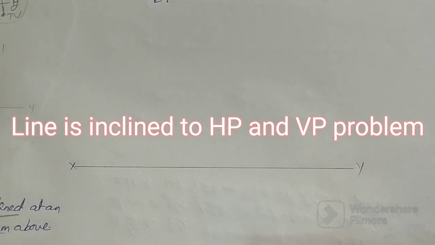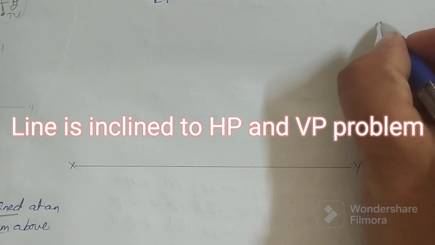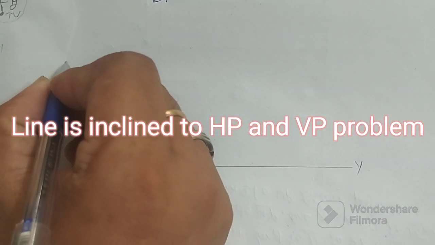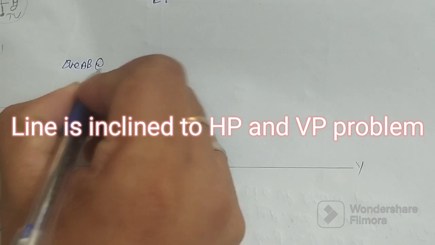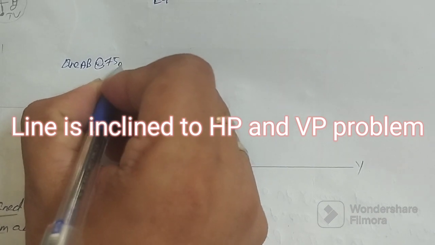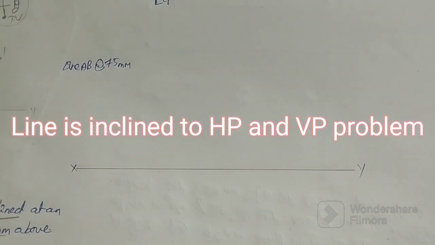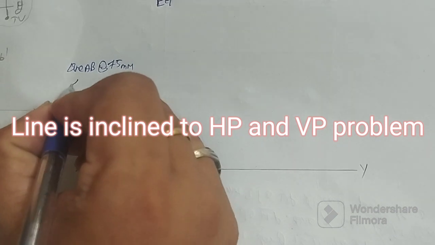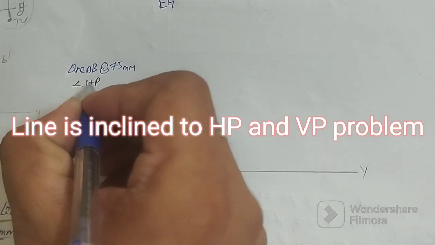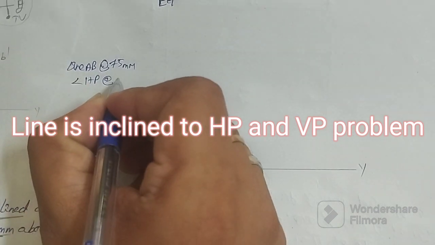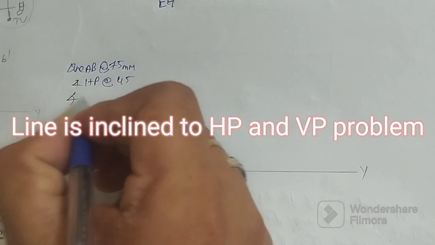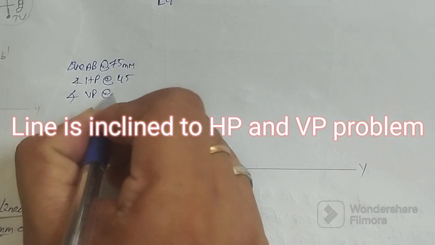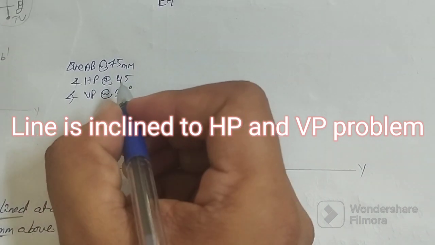What is given in the question? The line length AB is 75 mm, inclined to HP at an angle of 45 degree, inclined to VP at 30 degree.